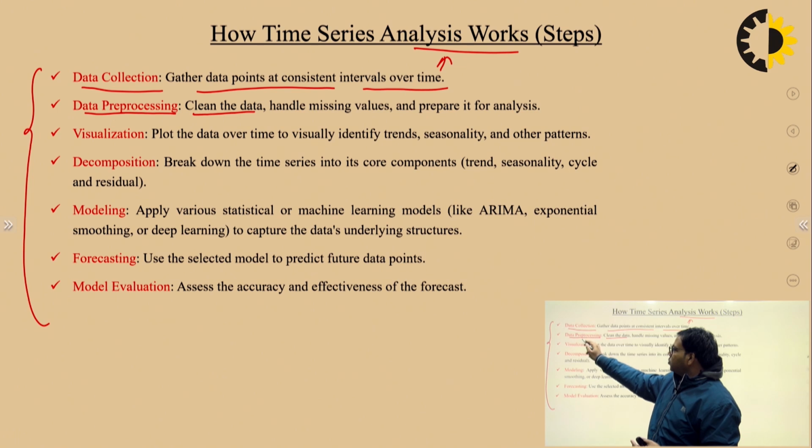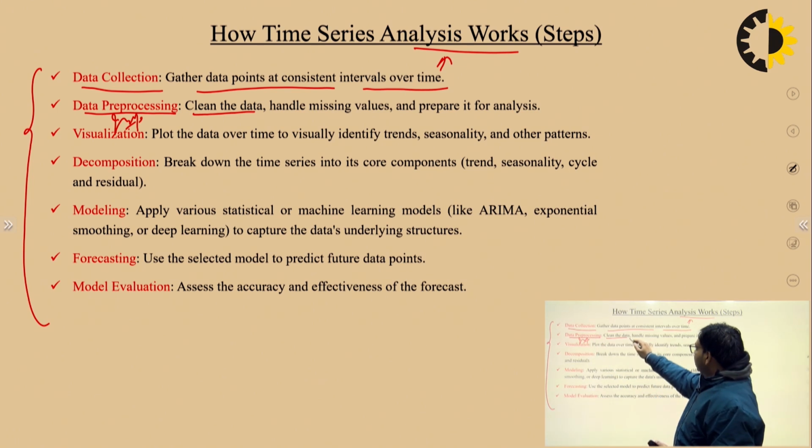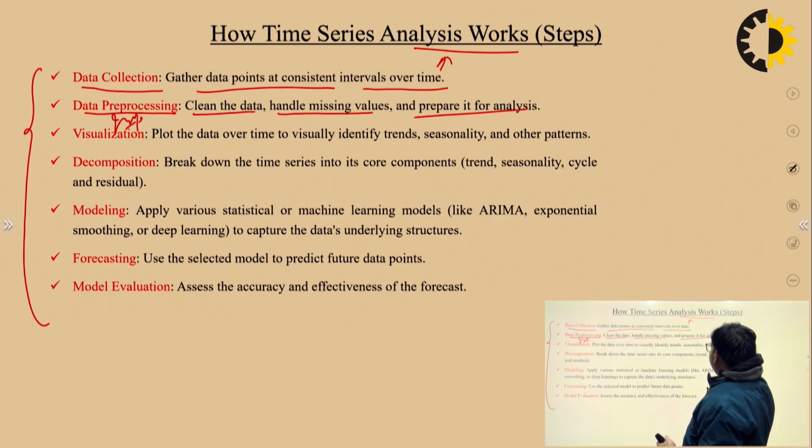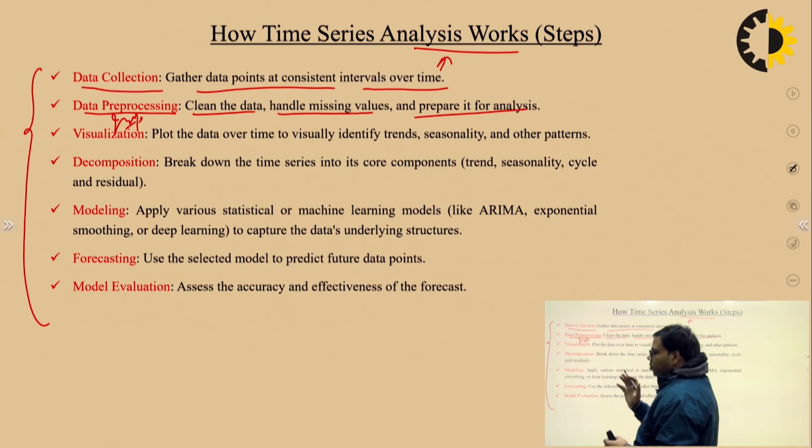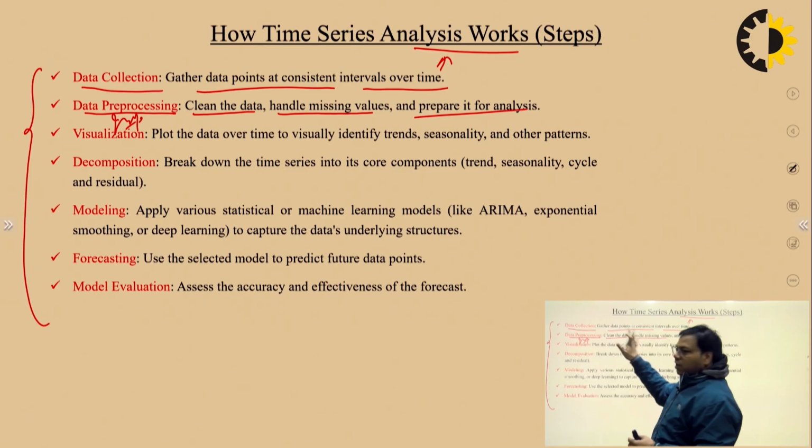So data pre-processing is a very important phase in this whole process. Clean the data, handle missing values, and prepare it for the analysis. If it is not in a proper format, then we need to format the data in a particular format so that we can make some analysis on that data.